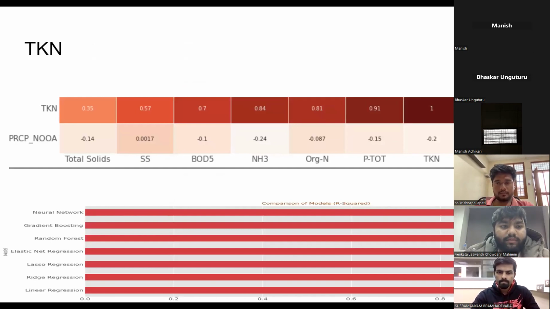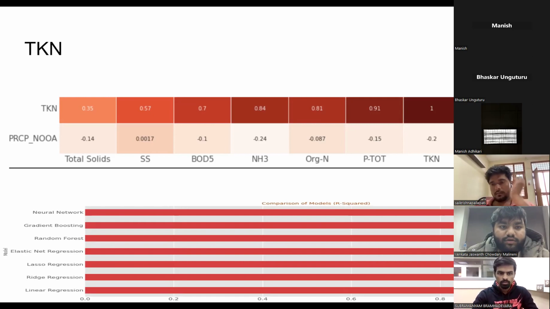I'm going to talk about the TKN feature. TKN has a good correlation with the other features in the water data set. In this picture, you can see TKN has a good relation with total solids and the SSN, BOD.